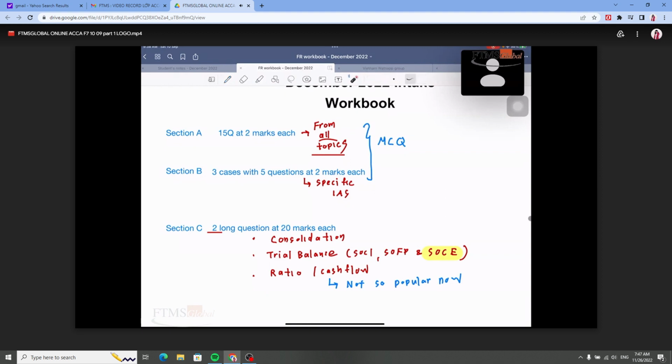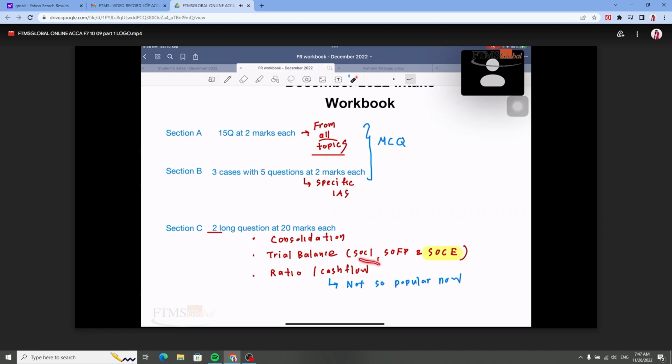Quite impossible, it will not be possible, a full question on cash flow worth 20 marks. I don't think so. But maybe they will ask you to prepare an extract of the cash flow, so maybe about 5 marks. They give you 5 marks to prepare an extract of a cash flow in section C. That is possible.